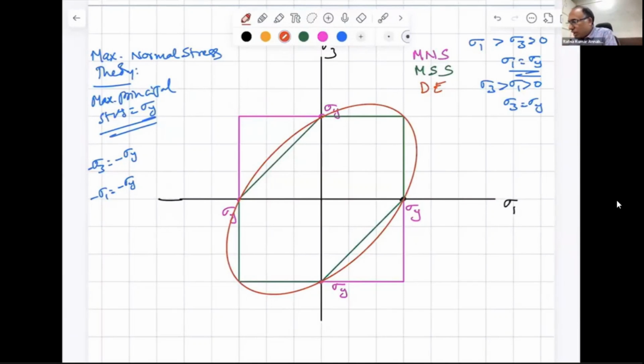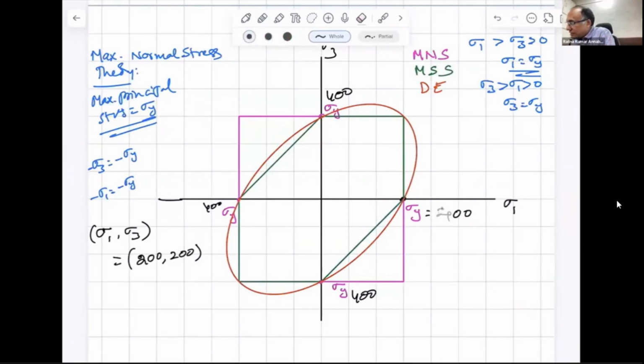Let us say you are applying load on a component, a three-dimensional state of loading. Let us say sigma y is equal to 300, not 400, because that's easy for me to draw.